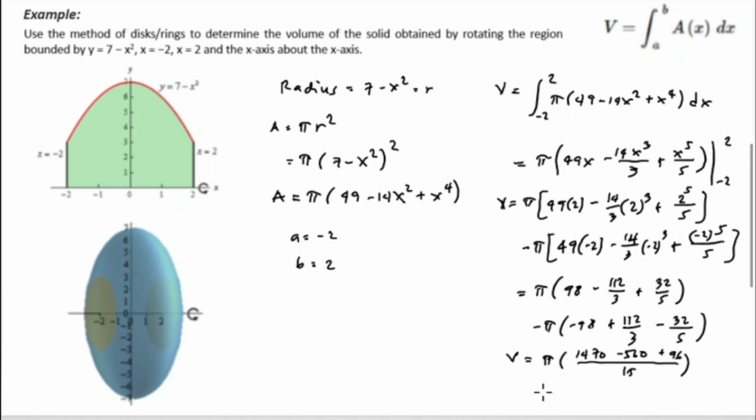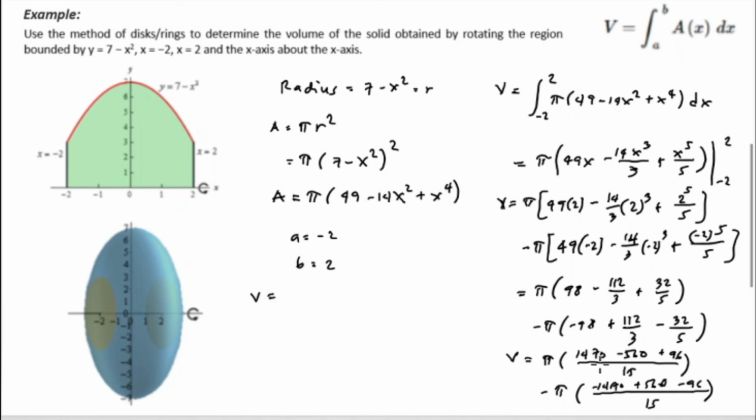Same thing with pi negative, and this is over 15, which is negative 98 times 15, it is negative 1470, and 112 times 5, it is positive 560, and 32 times 3, it is negative 96, and close parentheses. So we have a summary.